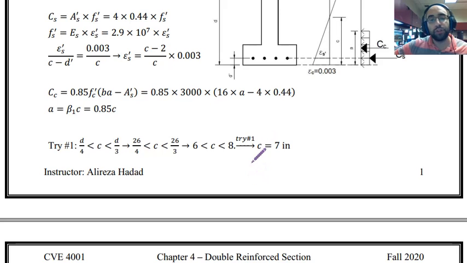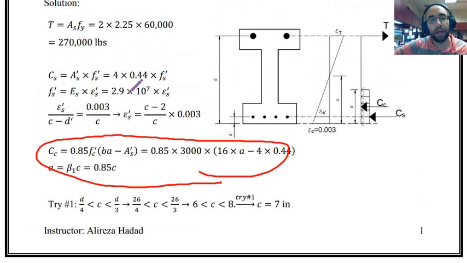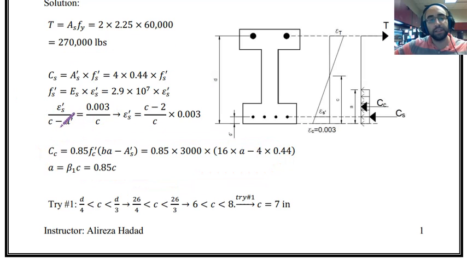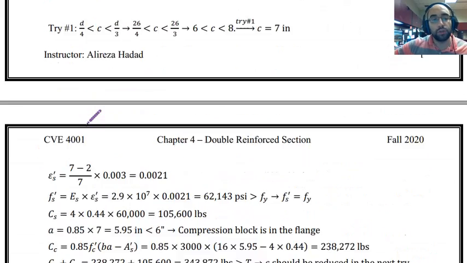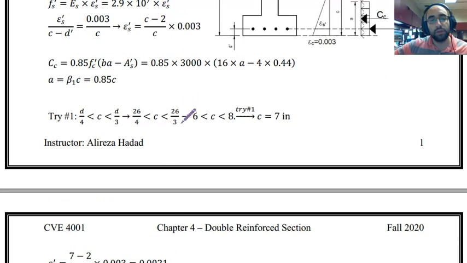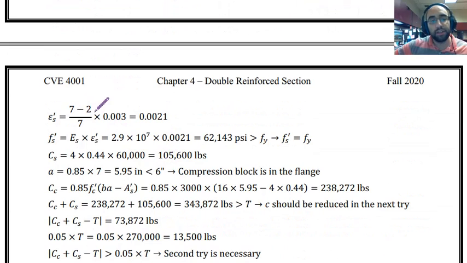Now I'm going to return this value into this equation and also this equation to find the compression force in steel and concrete. So as you can see, we said the strain in compression reinforcement is equal to this function of C. I'm going to use this equation and put C over here. So 7 minus 2 divided by 7 multiplied by 0.003 is equal to this much strain in compression reinforcement.